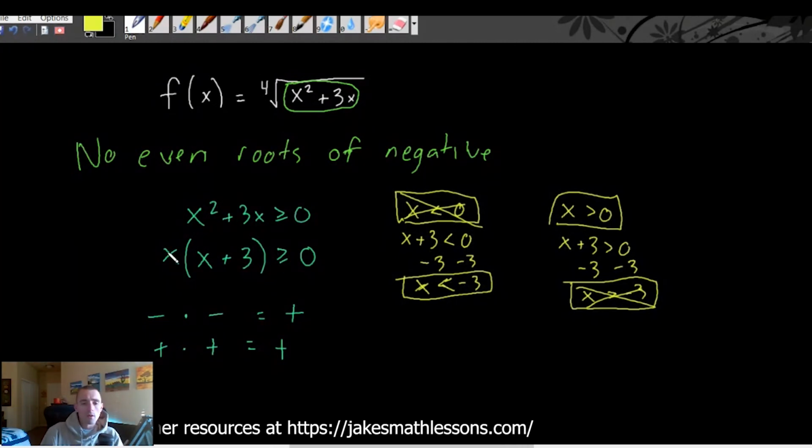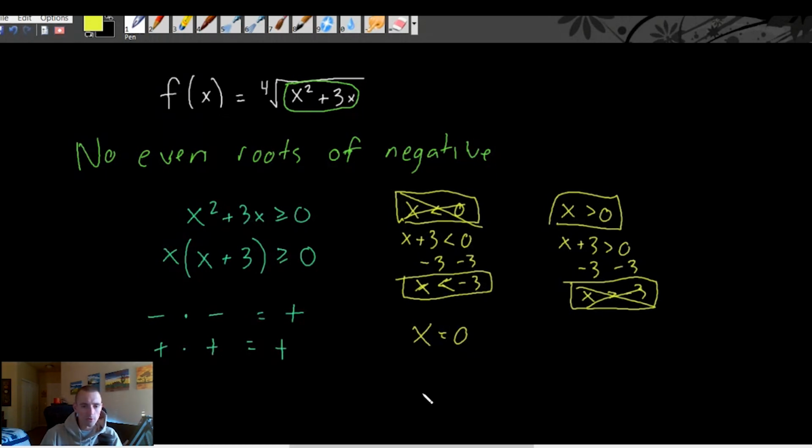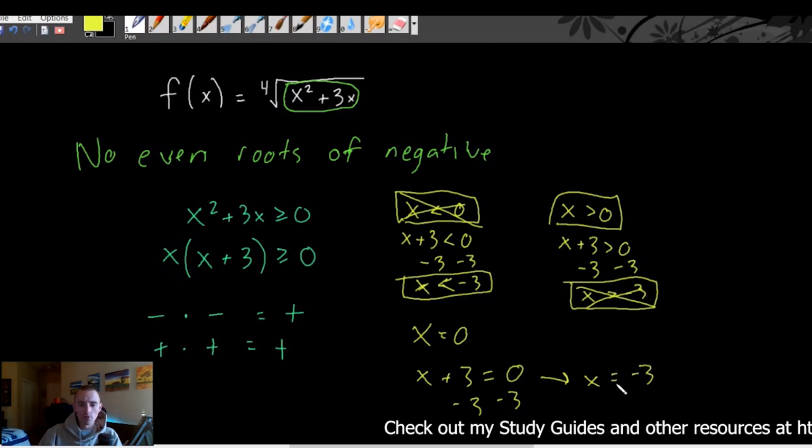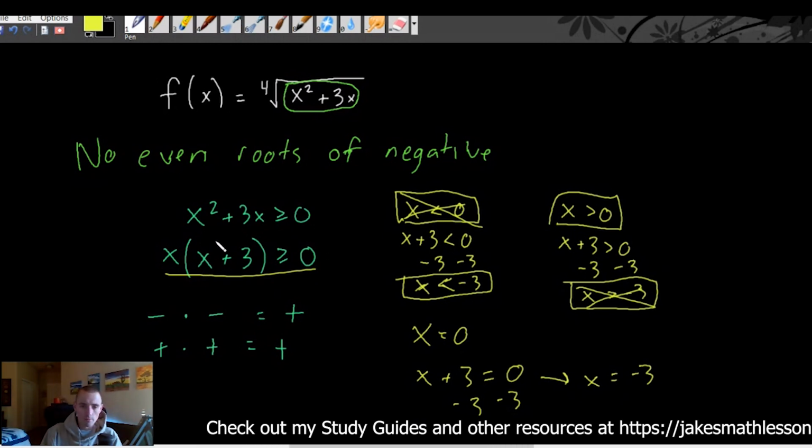So if either of these factors equals 0, the whole thing will be 0. So if x equals 0, that will also be fine. If x plus 3 is 0, that will also be fine. If we subtract 3 from both sides, that gives us x equals -3. So if x equals 0 or if x equals -3, this inequality right here still holds true.